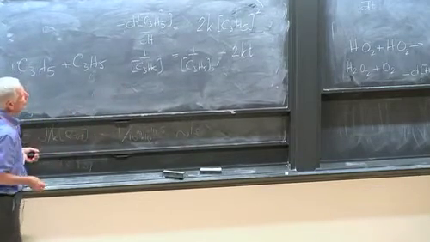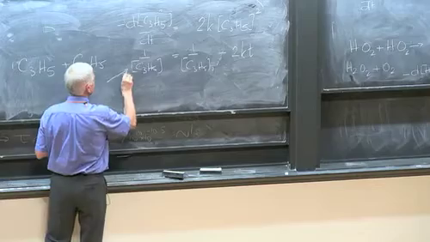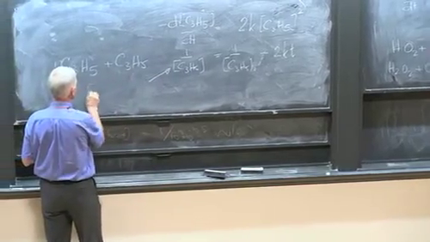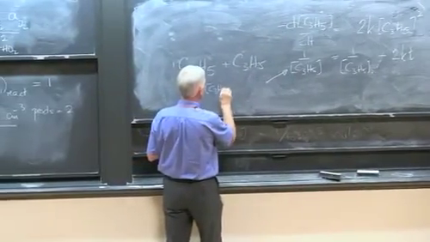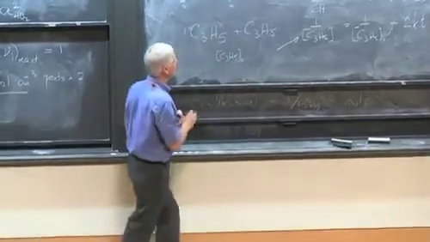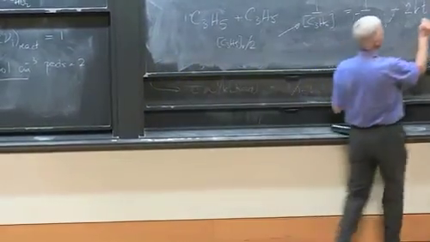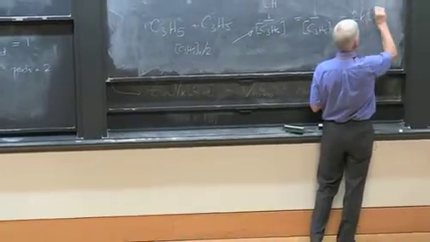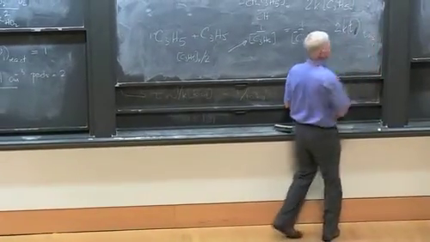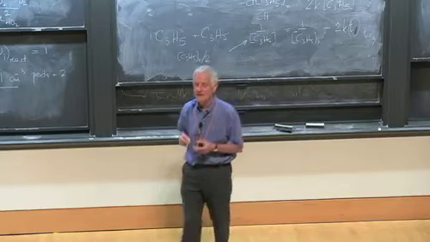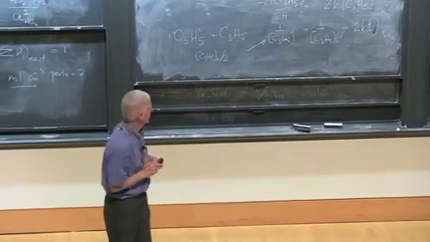If you set that equal to [C3H5]0 over 2, and this here to t half, then you can calculate the half-life of this reaction.